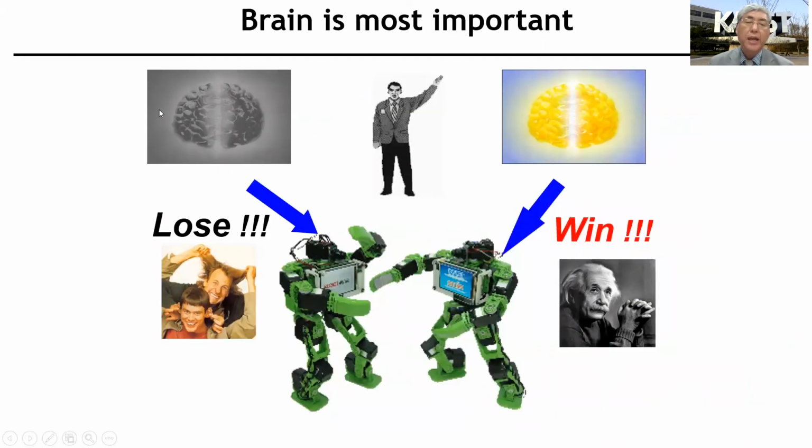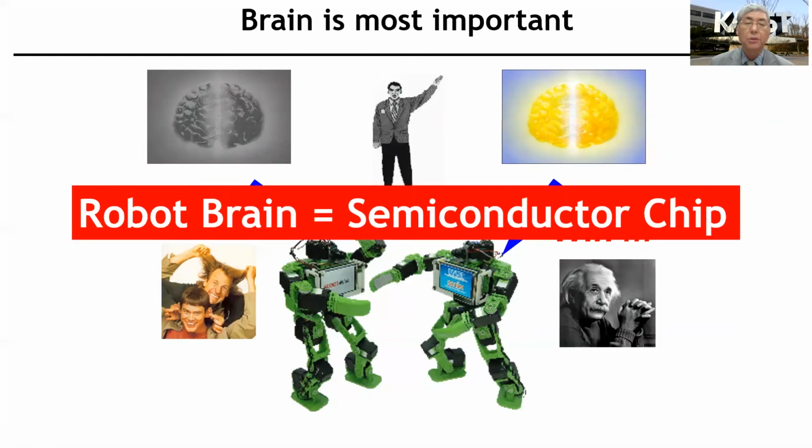In some sense, the brain is most important to win the robot competition. If you cannot develop the very successful software, you may lose. And if your brain software is very powerful, then you can win. So the robot brain is nothing but the semiconductor chip. So the semiconductor chip is the most important part of your AI SoC robot, or your running robot.